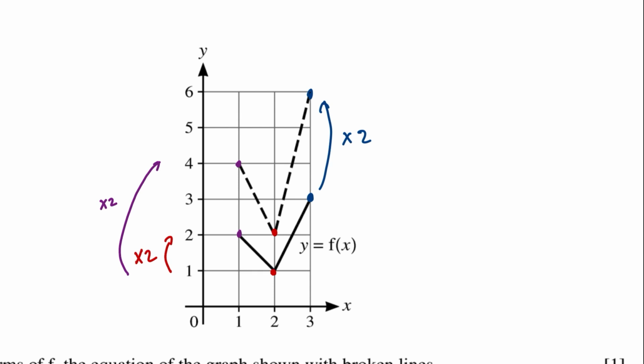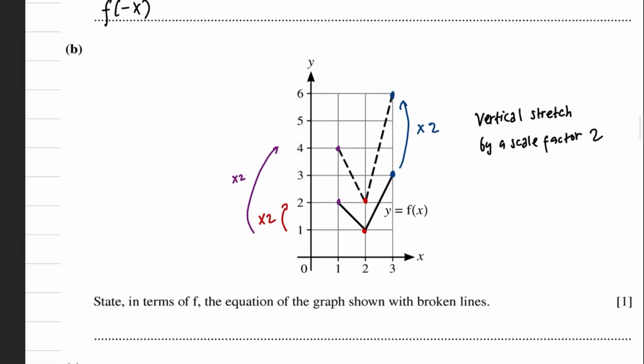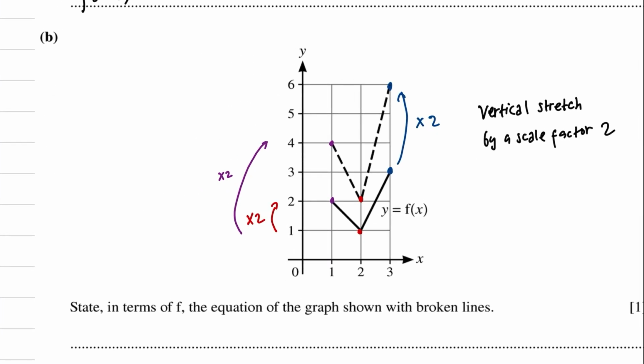So we should write here, this is vertical stretch because we multiply all the y's with 2. That means vertical stretch by a scale factor 2. So that means our graph, we multiply all the y's with 2. So that means it becomes 2f(x).